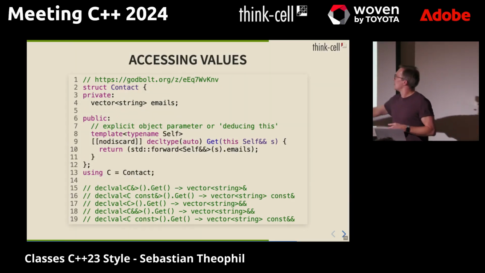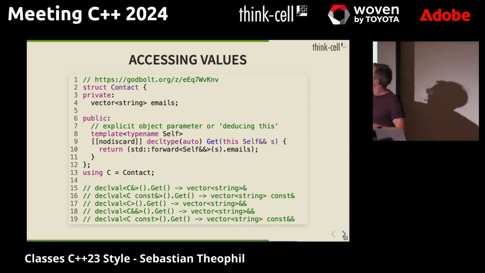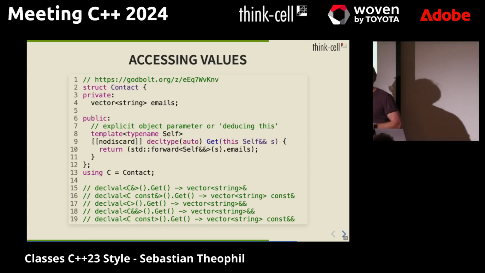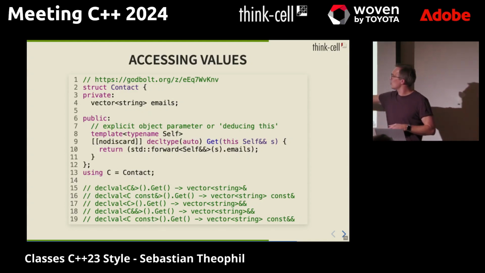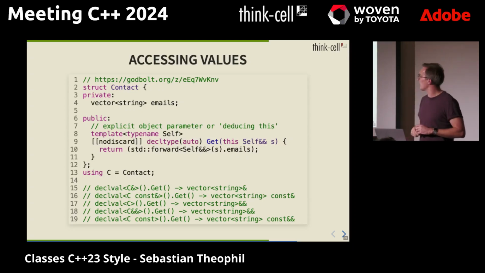And according to the perfect forwarding rules, the forwarding reference will just resolve to a const ref, a temporary, or a mutable reference, depending on how we call this. And we'll get the correct behavior again, but we only had to implement one function, which has a special syntax. But it's not too bad, I think. Judging by C++ standards, this is a good solution.